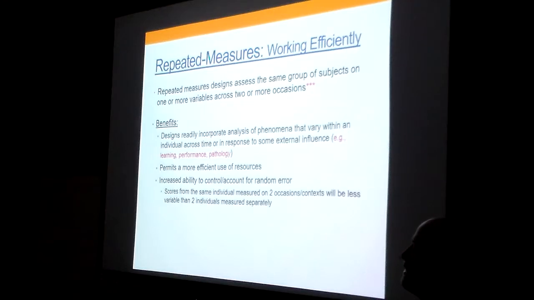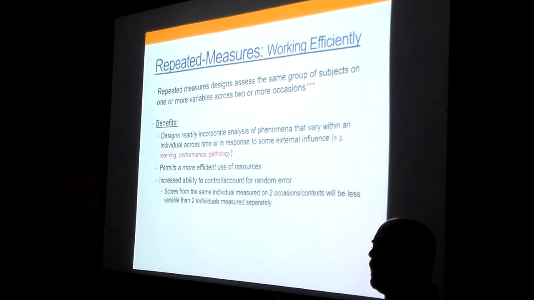So if you've got a matched group design, it would be appropriate to use a paired sample as opposed to an independent sample, and we'll talk about why the paired sample has some pretty substantial advantages over the independent sample.